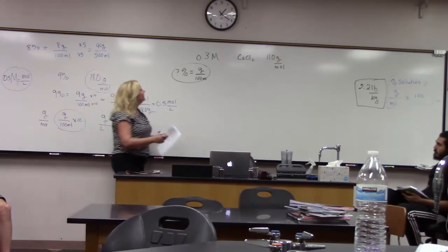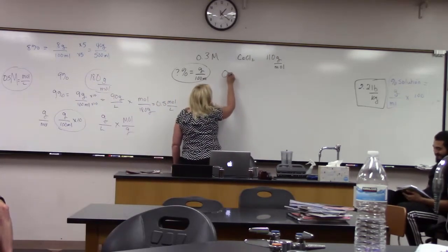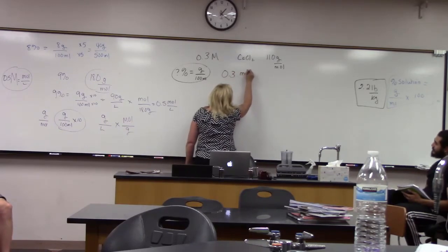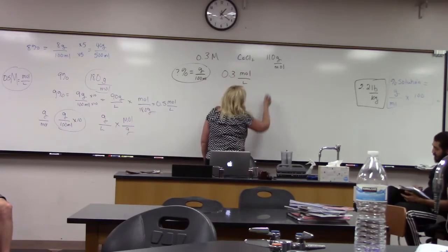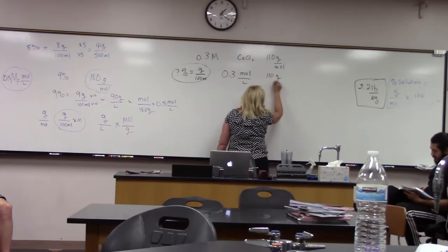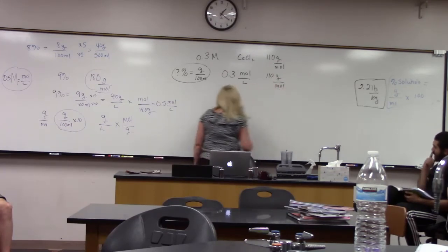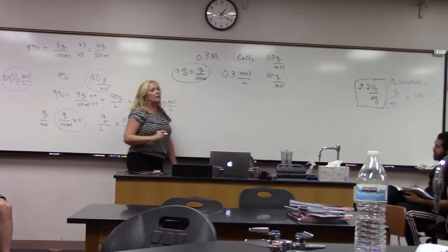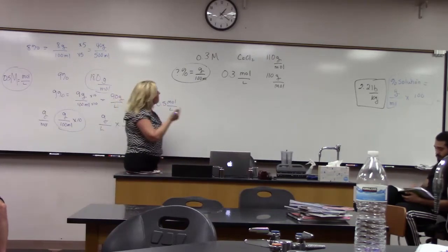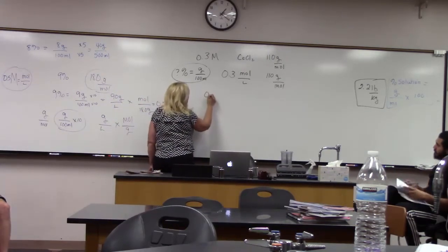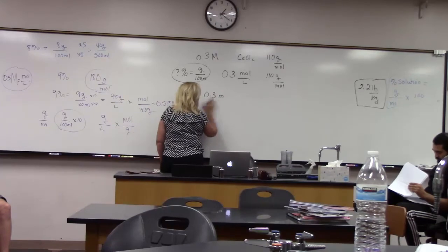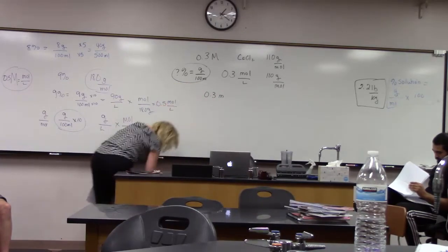So, 0.3 molar is the same thing as 0.3 moles per liter. And we have 110 grams per mole. And we want to find grams in 100 milliliters. So we have 0.3, well, we don't need the 0.3, do we? Let's get rid of that.